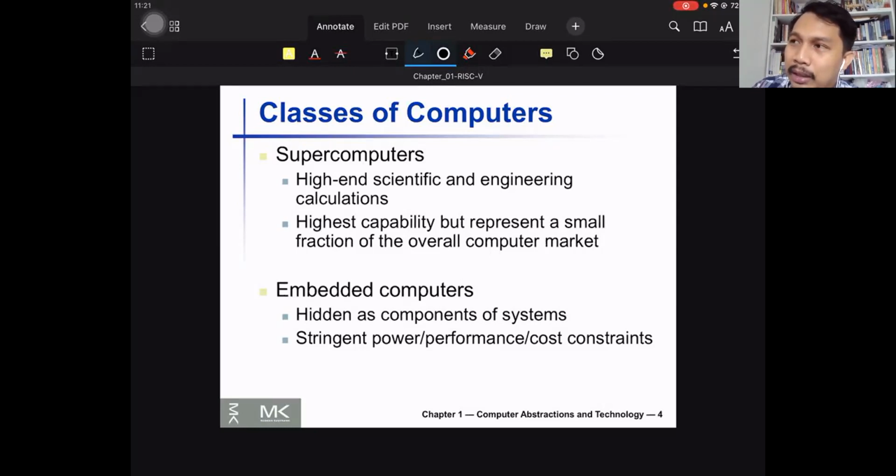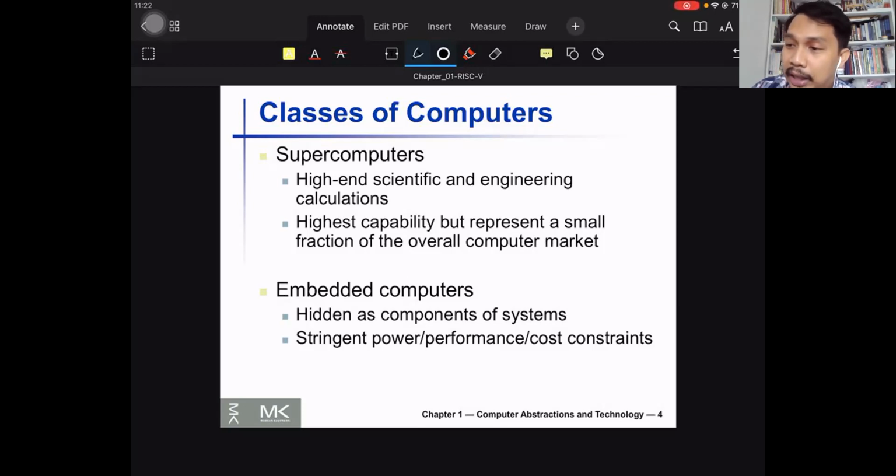A supercomputer is capable of computing and maybe predicting financial parameters. It has the highest capacity but represents a small fraction of the overall computer market, because only a few companies can afford supercomputers.